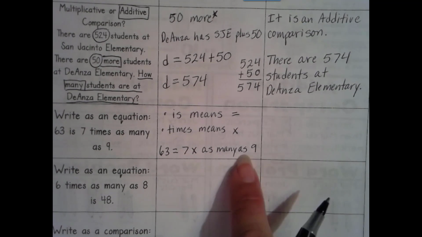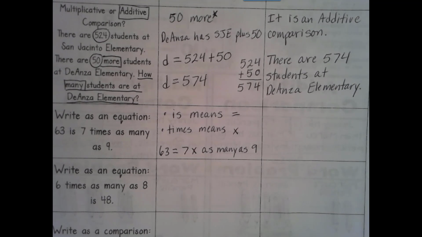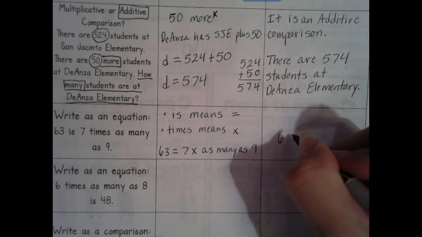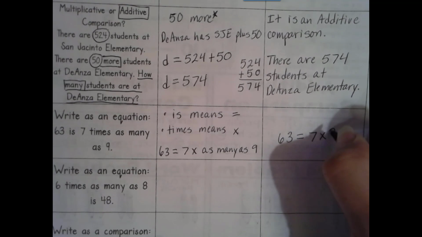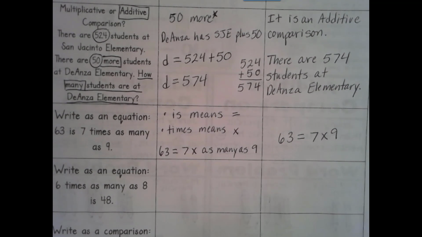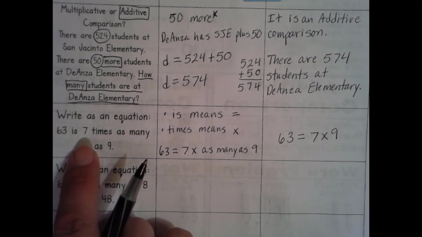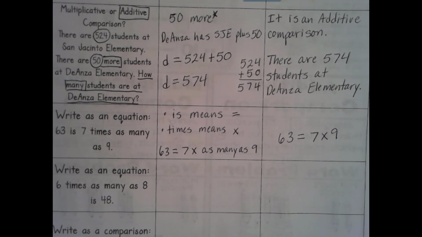Well, this takes care of all of that. So my equation is just 63 equals 7 times 9. That's what my statement says. 63 is 7 times as many as 9.